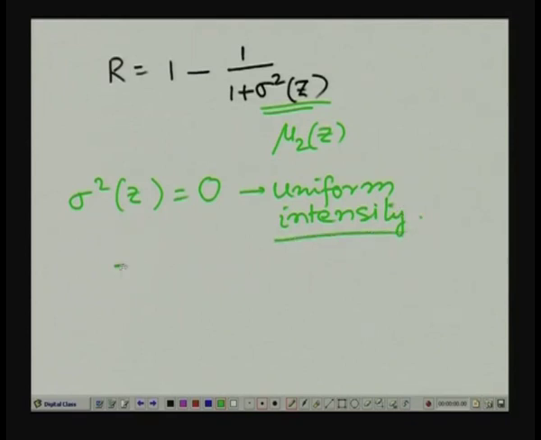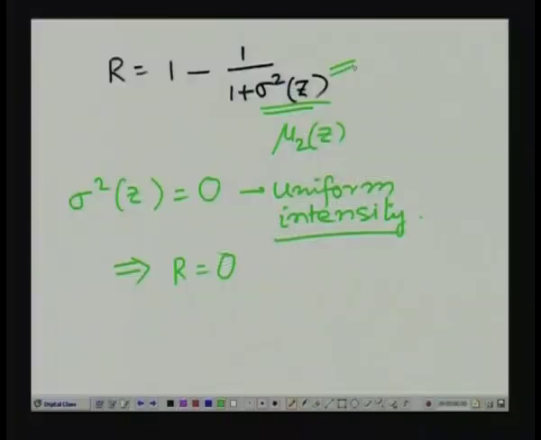In such a case, because the variance sigma squared z is equal to 0, this complete expression R will become equal to 0. So, if I have an image of uniform intensity, the same intensity value everywhere, the value of R will be equal to 0.